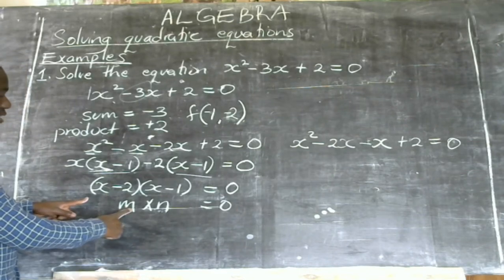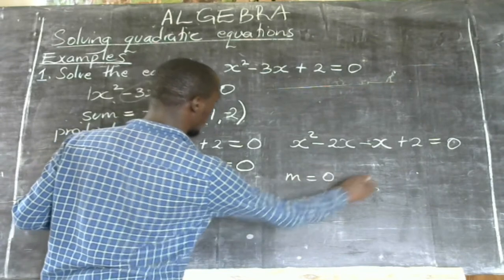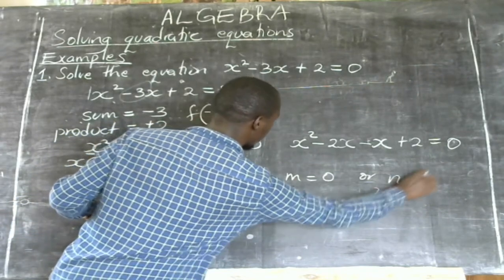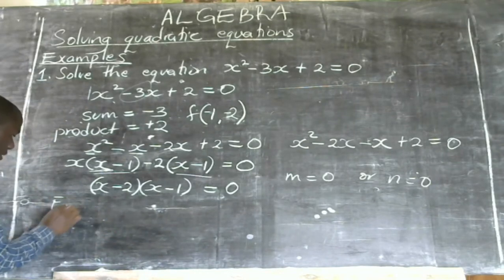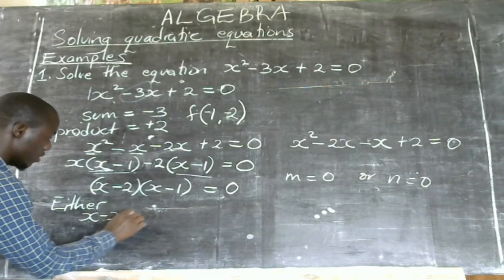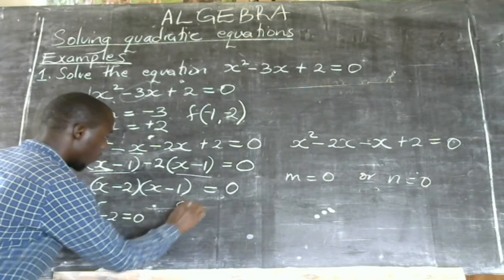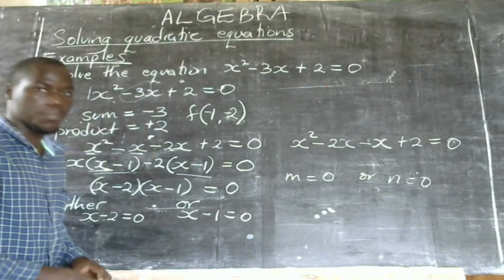So here we said that either m is equal to 0 or n is equal to 0. So now, either x minus 2 is equal to 0 or x minus 1 is equal to 0.